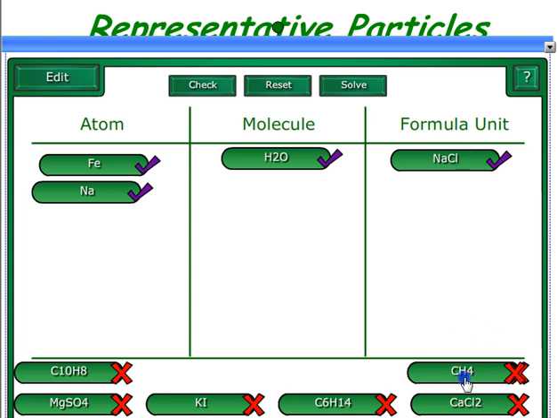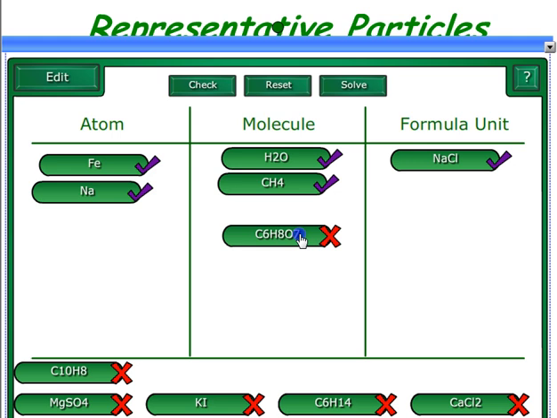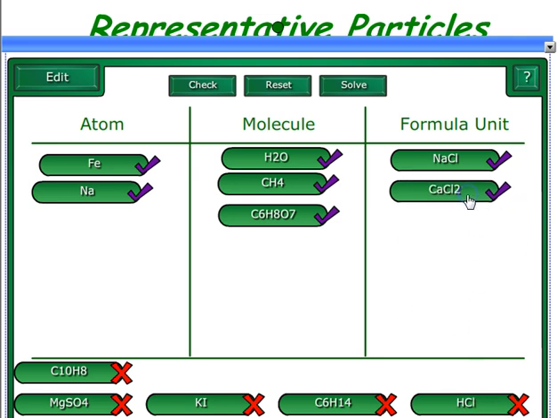CH4, carbon and hydrogen are both nonmetals, it's a molecule. C6H8O7, carbon, hydrogen, oxygen, all nonmetals, making it a molecule. CaCl2, metal, nonmetal. Calcium's a metal, chlorine's a nonmetal. That makes it ionic, and we refer to those particles as formula units.